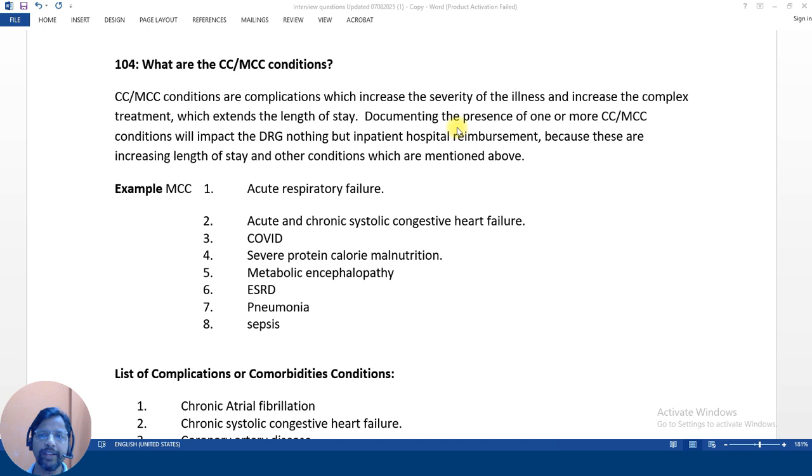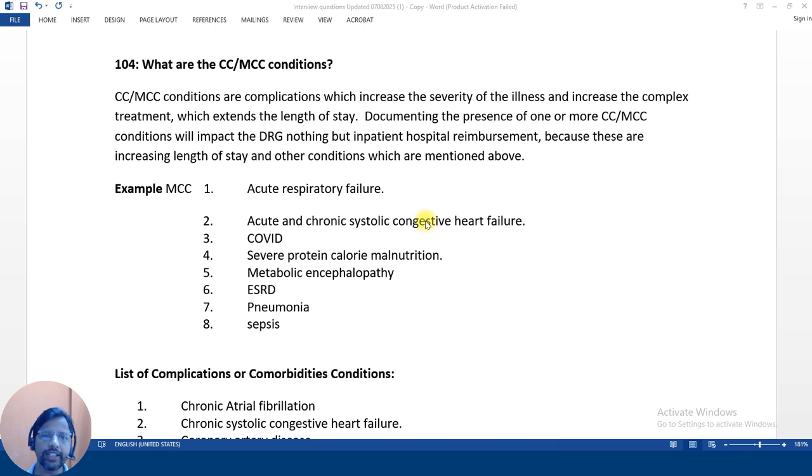Okay. So documenting the presence of one or more CC or MCC conditions will impact the DRG, nothing but the inpatient hospital reimbursement, because these are increasing the length of stay and other conditions mentioned above. So basically these conditions will impact the DRG assignment. So you need to choose the appropriate CC or MCC based on the diagnosis and the patient's documentation.